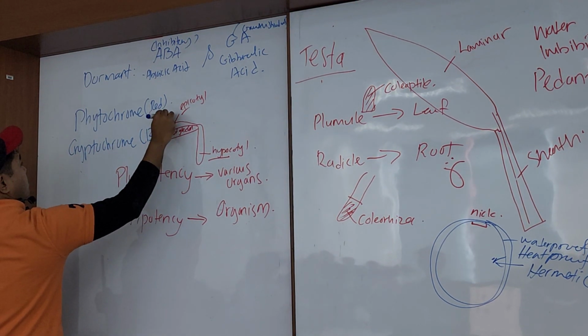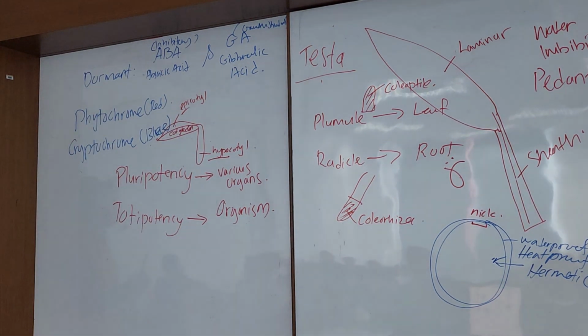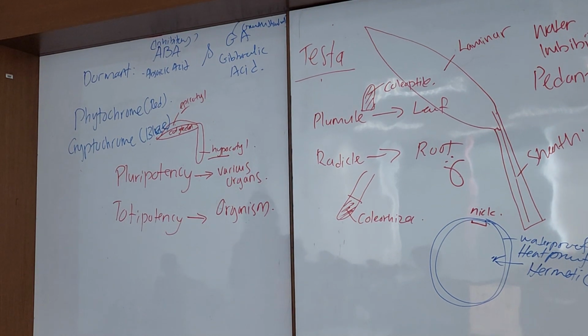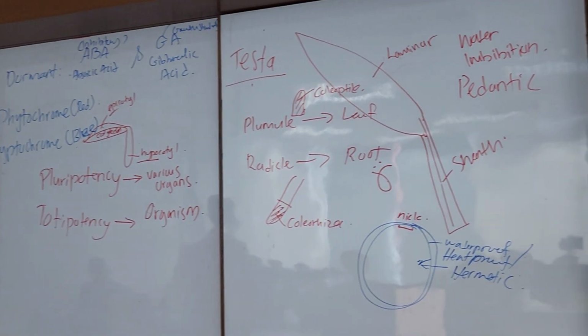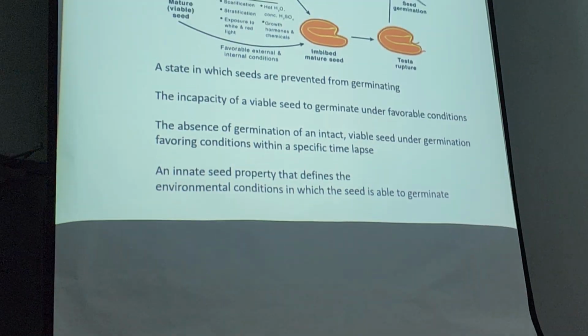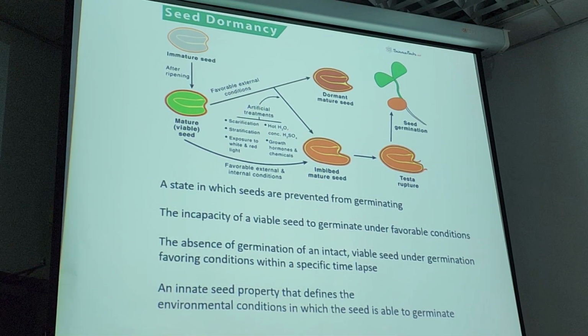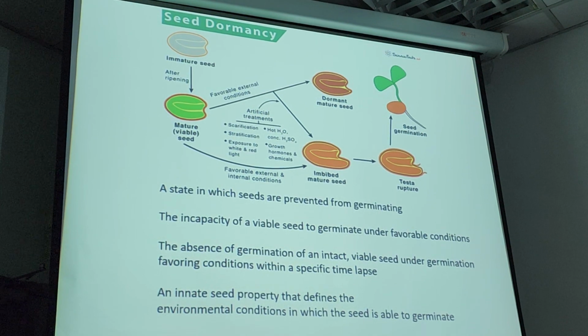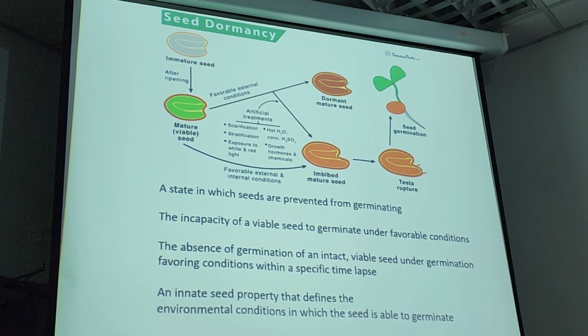Cryptochrome, not cryptocurrency. So these phytochromes and cryptochromes are proteins studded on the surface of the cell. They can only be activated with a specific light wavelength, blue light wavelength or red light wavelength, depending on the species. Then it can awaken the seeds.